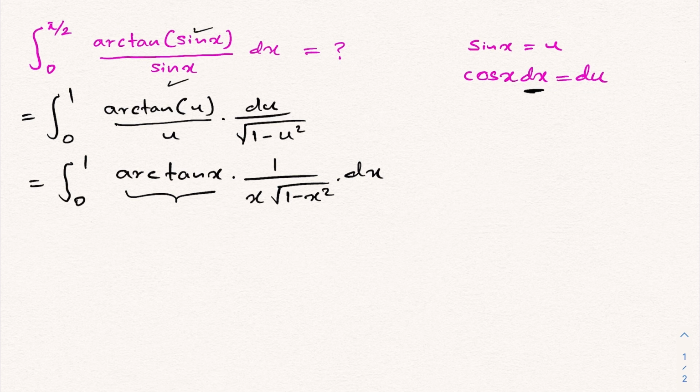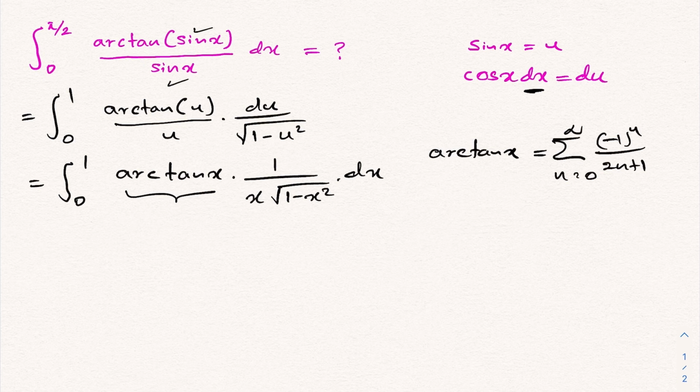Well, then here we have arctan of x. So I am going to take the series representation of arctan of x. We know the Taylor series of arctan of x, for absolute value of x lower than 1, is the series n equal 0 to infinity of minus 1 to the n power over 2n plus 1 times x to the 2n plus 1.